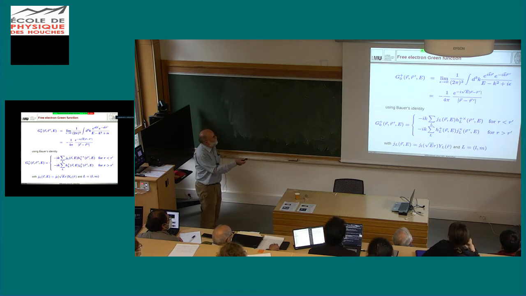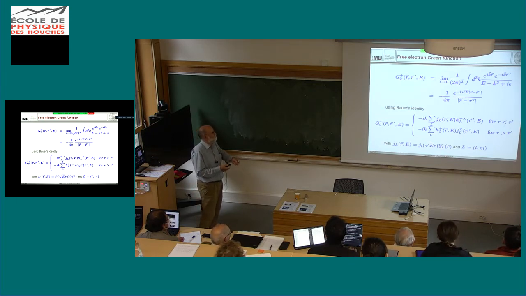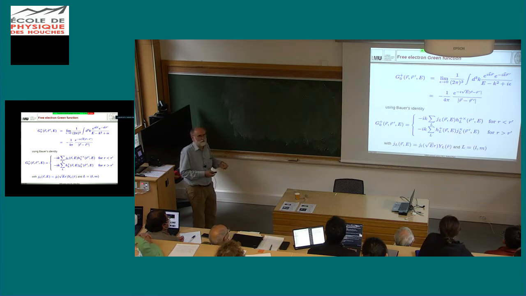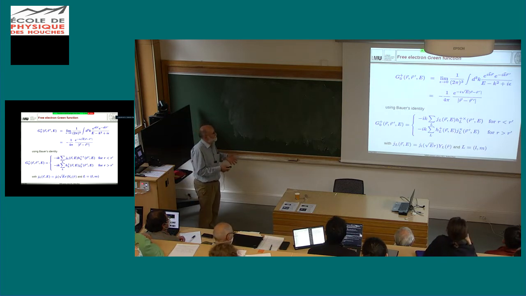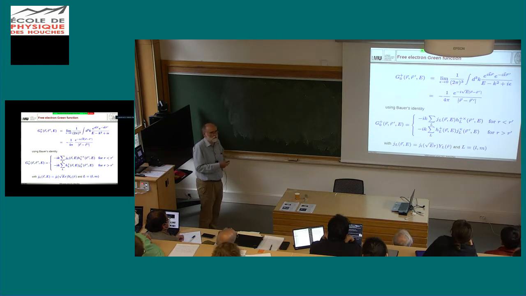And this can be solved exactly, and then you are led to the expression you have seen already this morning. That is nothing else, as we already heard, than outgoing spherical waves. So if you want, plane waves, depending on R, are going out from R prime. As we want to deal with all and everything later on making use of our angular momentum expansion, we should replace that expression accordingly.